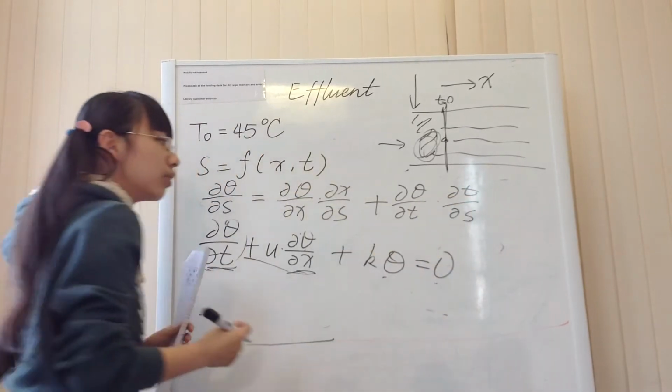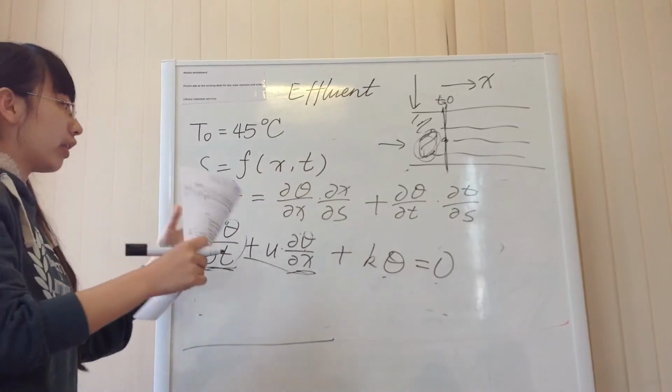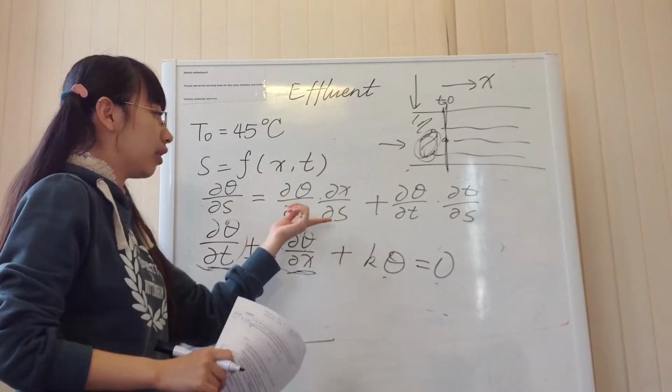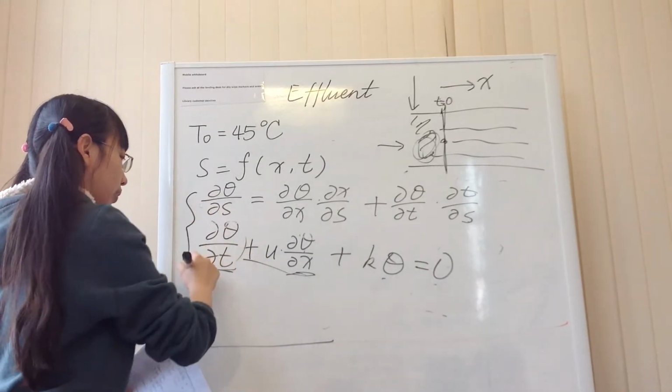This is the chain rule, where if you have a function of two parameters, you differentiate for both terms. In that way, we get two equations here.